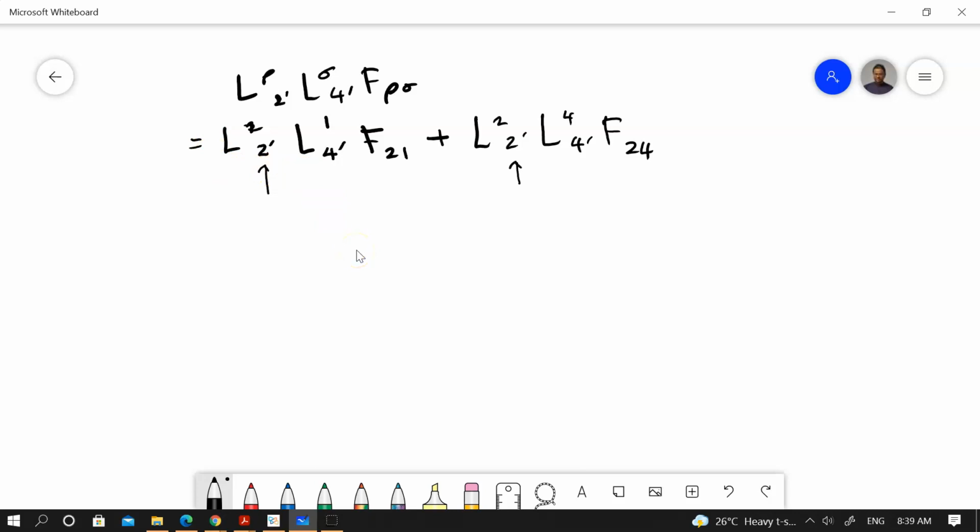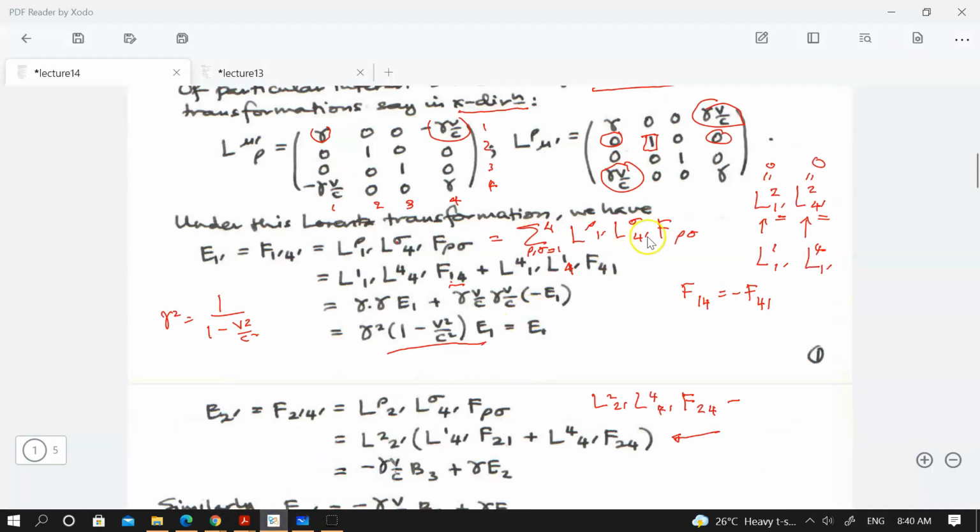The only choice that's left is coming from this. Okay, now I look at this, so there is the fourth column. So if I look at the fourth column, then my choices are going to be the first row or the fourth row. So the earlier case was just a coincidence. For each of these components, you have to check individually. Okay, what's inside this Lorentz inverse Lorentz matrix.